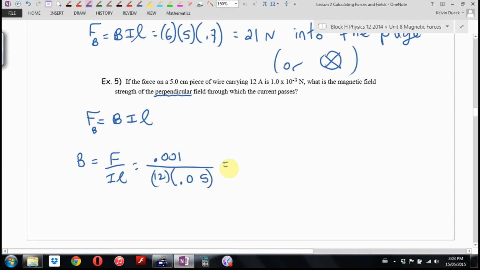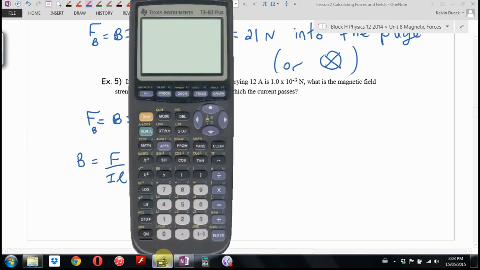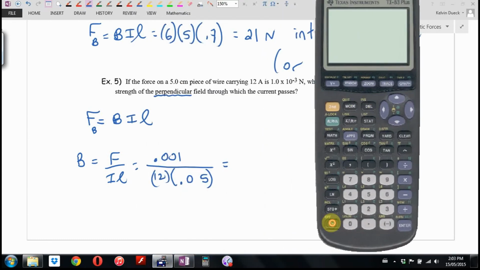Okay. How big a magnetic field will you need to exert a 0.001 Newton force? 1.67 times 10 to the negative 3 Teslas?